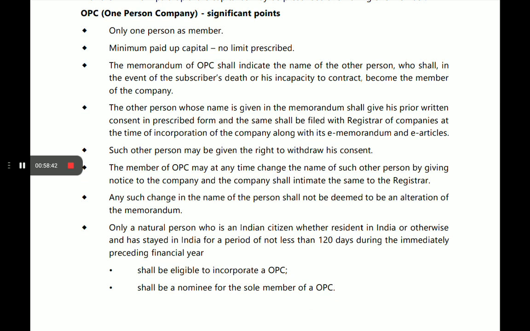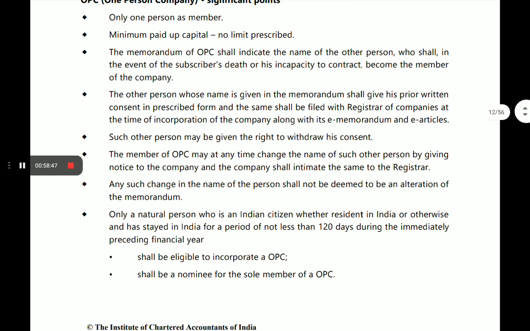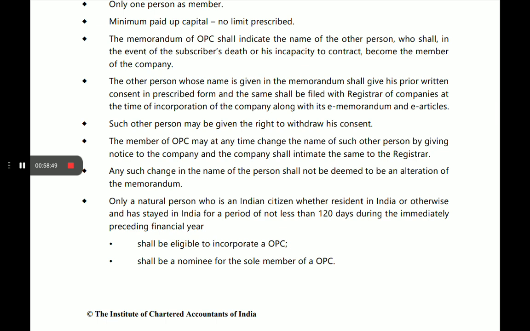Such other person may be given the right to withdraw his consent. The member of OPC may at any time change the name of such other person by giving notice to the company, and the company shall intimate the same to the registrar.